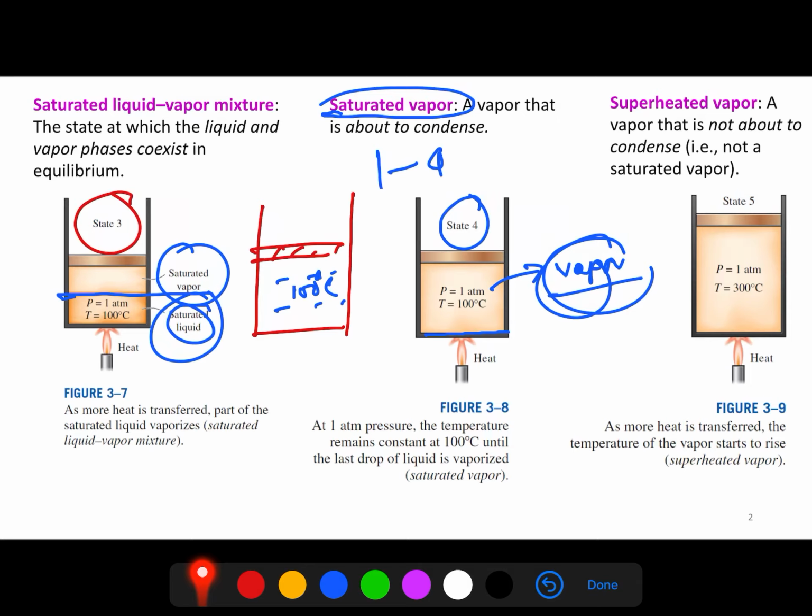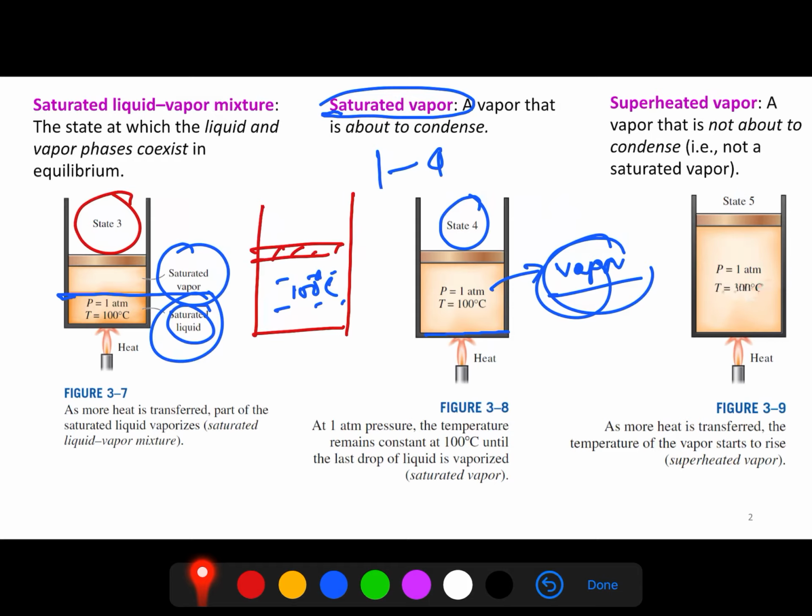And at state 5, the temperature of the vapor is, let's say, 300, and if we transfer some heat from the vapor, it may drop a little, let's say 250, but it will not condense, because to condense we need to get the temperature down to 100 degrees centigrade.